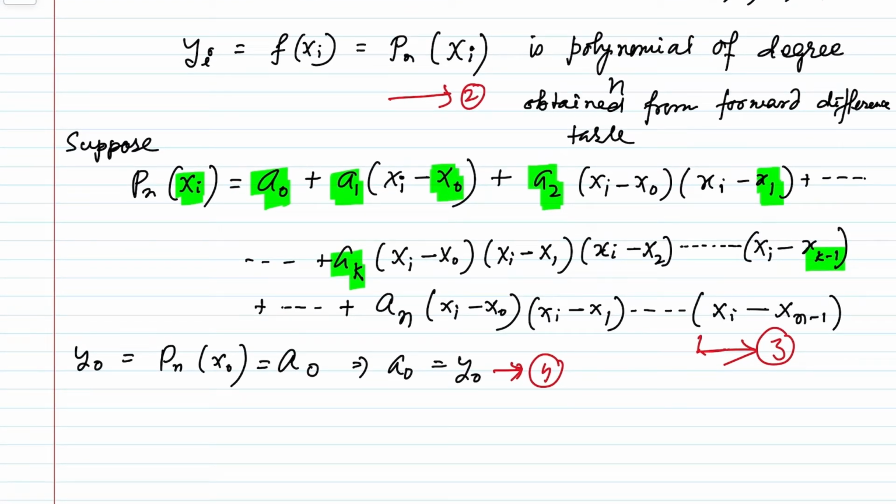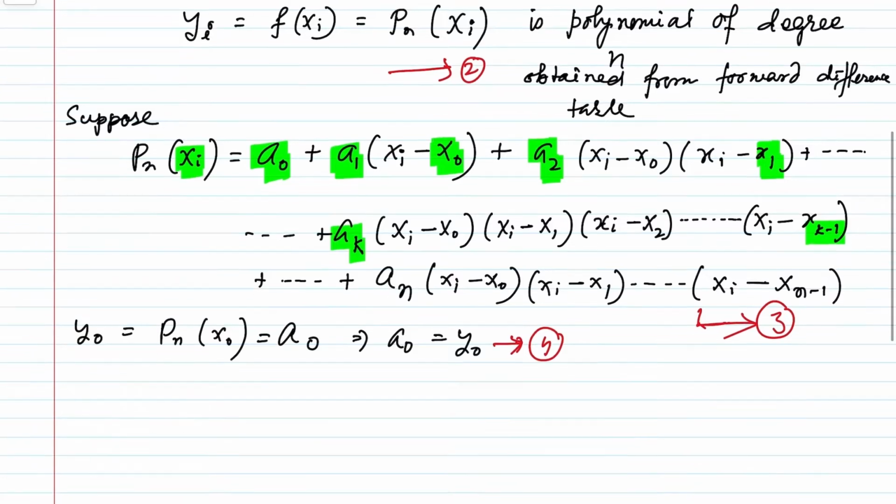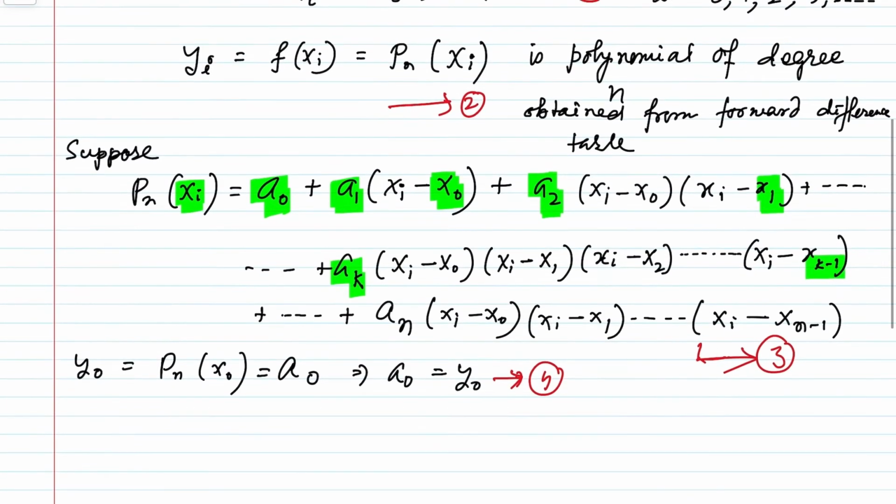Now here you see, similarly we can find y1. If you find y1, then you must take the first two terms, these two, and the remaining terms will be 0, because when you put i equal to 1, this term will be 0.